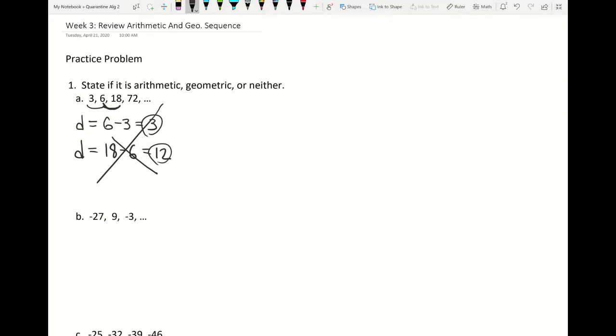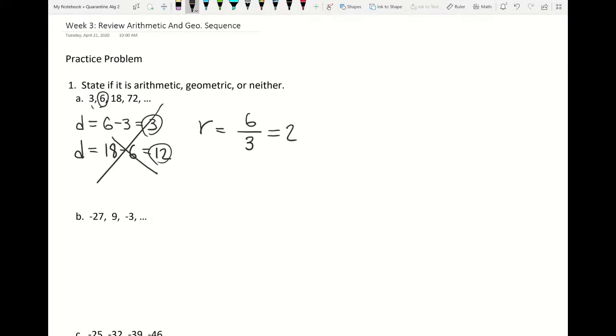To find a common ratio R, we will pick the number 6 and then divide that by the previous number 3. 6 divided by 3 is 2.